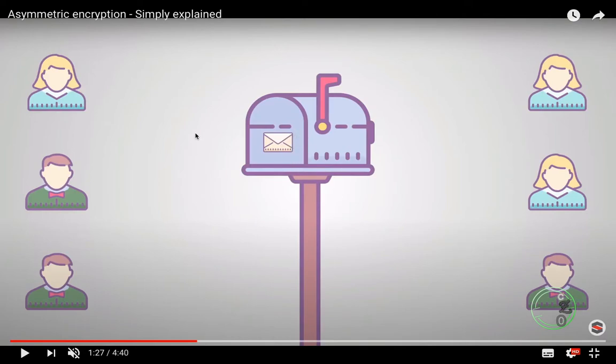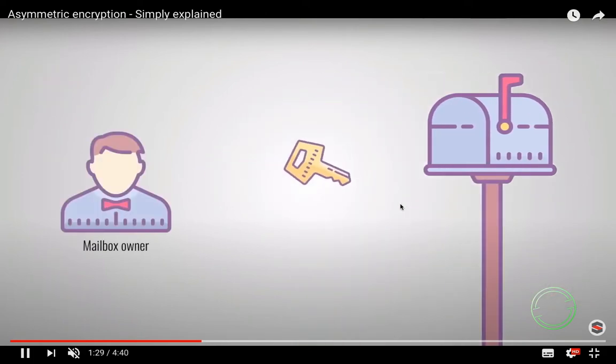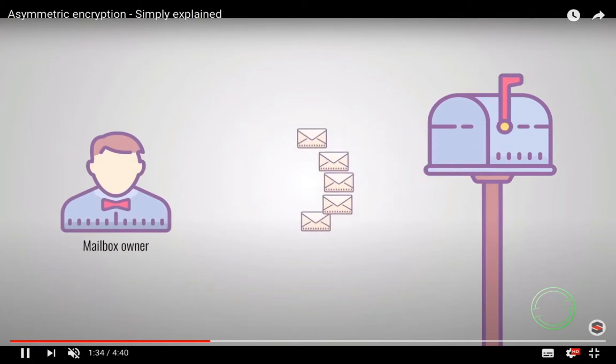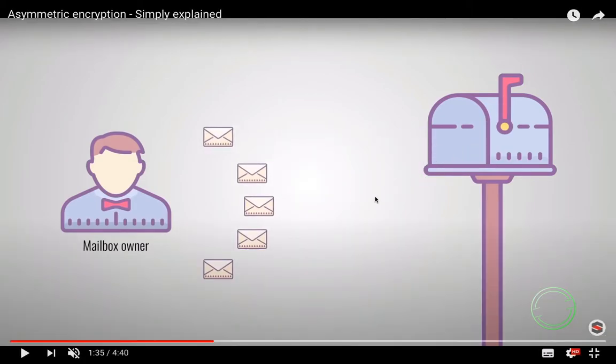The public location is known to everyone, and they can send mail to the particular receiver, to the mailbox, but only the mailbox owner has the key, and with the private key, he can get the mails.